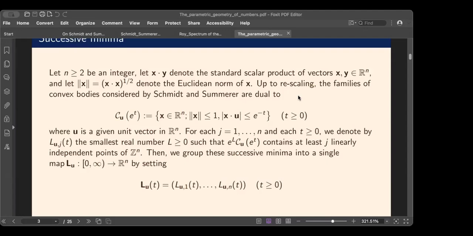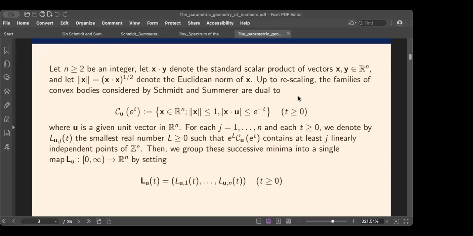It can be defined as: for each j, L_j is the smallest real number L such that this convex body contains at least j linearly independent points of Z^n. So we can write this L_u function below here.